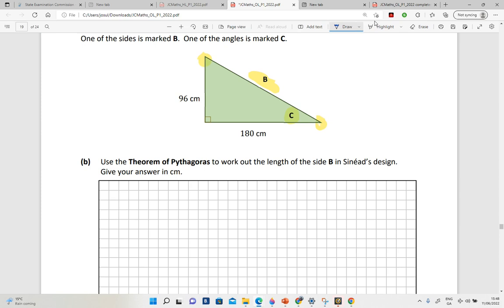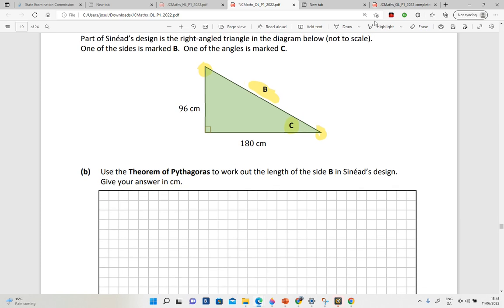So the theorem, basically, I'm going to give these other lines names. So I'm going to call this X and I'm going to call this Y. So what Pythagoras' theorem says is the square of the hypotenuse, which is this one, so B squared is equal to Y squared plus X squared.